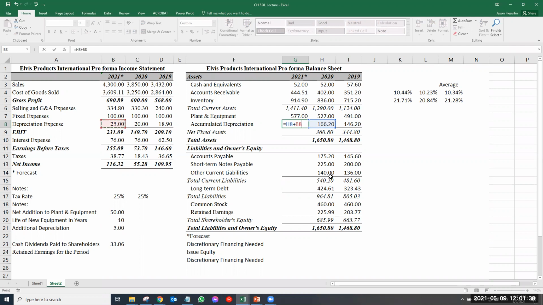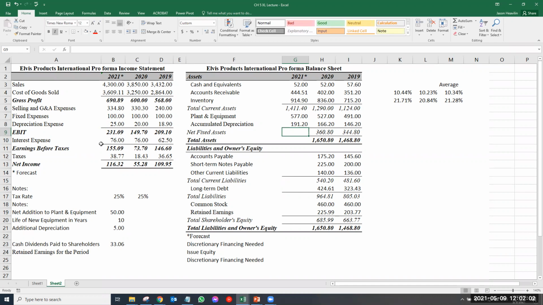We already projected that the depreciation is going to be 25, which is the 20 from the previous year plus the new 5, and we add that to the accumulated from the previous year. But that's already given to us here, the 25 together. And now that's our forecast for accumulated depreciation.